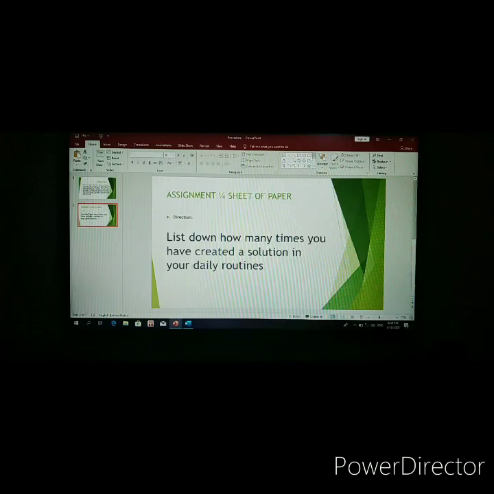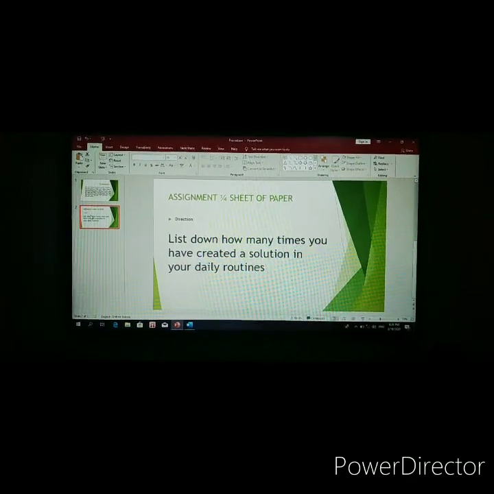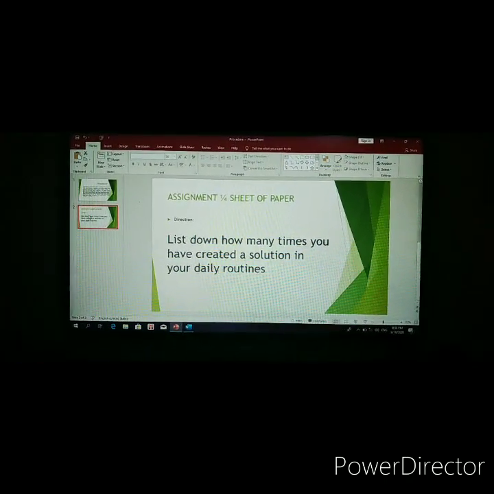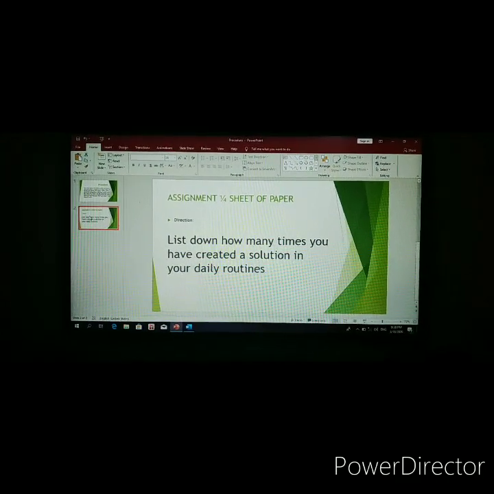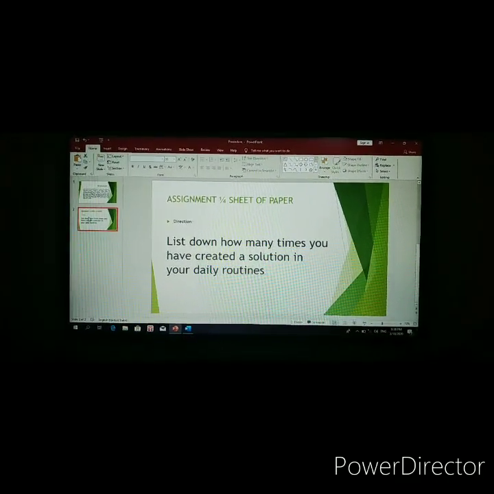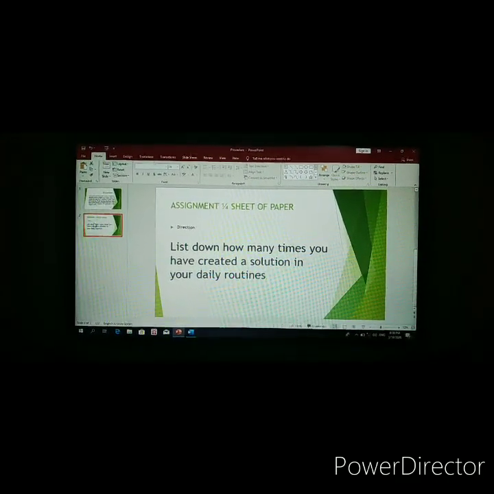Please pass your paper to the person in front of you. We have met our objectives and understand our lesson for this morning, which is the types of solution. And now I want you to do this at home. For your assignment, on a 1/4 sheet of paper, list down how many times you have created a solution in your daily routines.